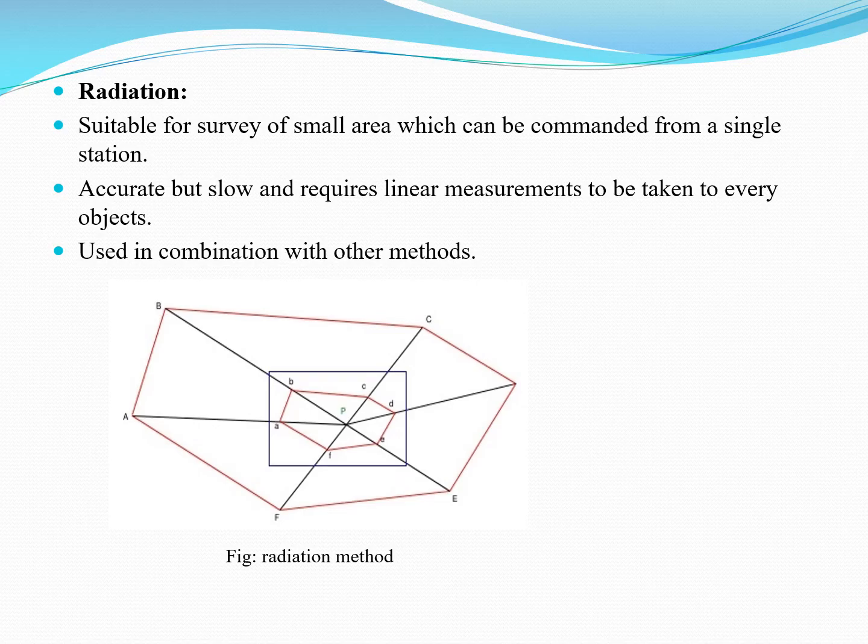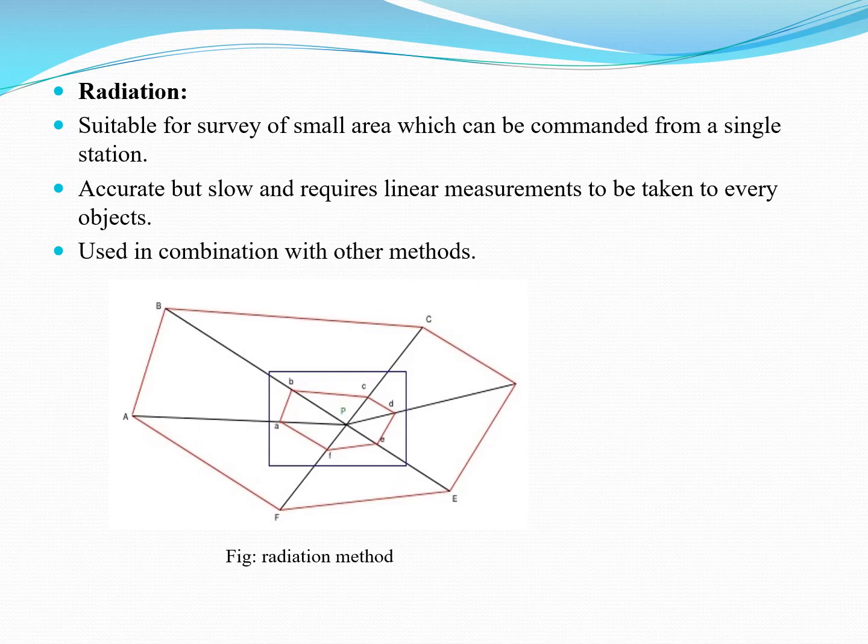The radiation method is one in which objects are located from a single suitable station. The rays are drawn from the single station to various objects and distances are marked by any scale. Suppose it is required to locate the objects A, B, C, D, E from a single station called P, from where all the objects are visible.